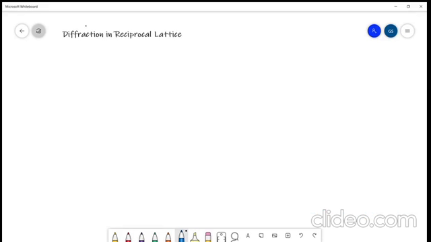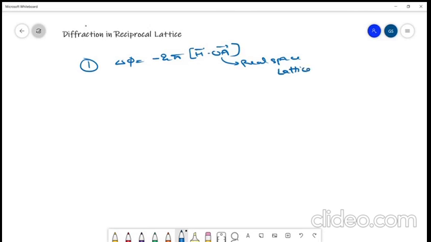So we got a conclusion: first, delta phi was minus 2 pi H dot OA, where this was a real space lattice vector. Writing lattice vector means that this vector is actually between two lattice points, and that is what we showed.